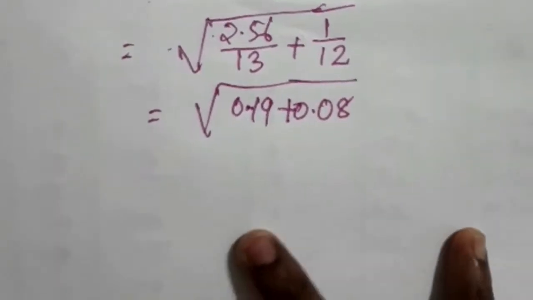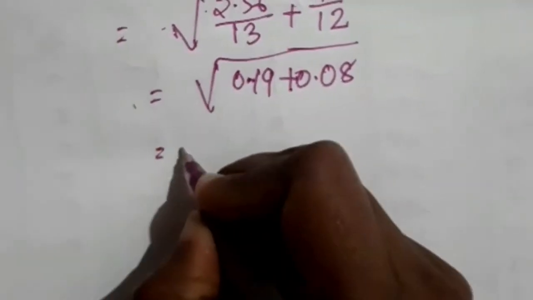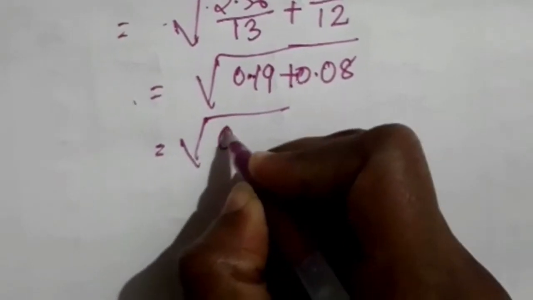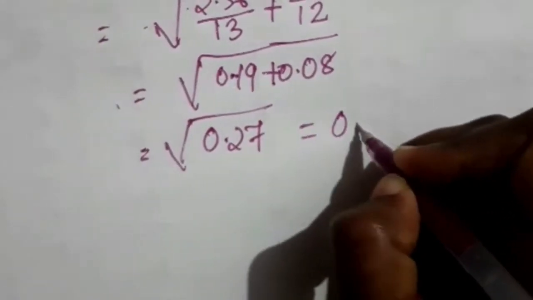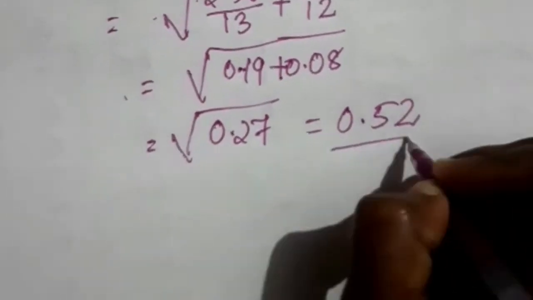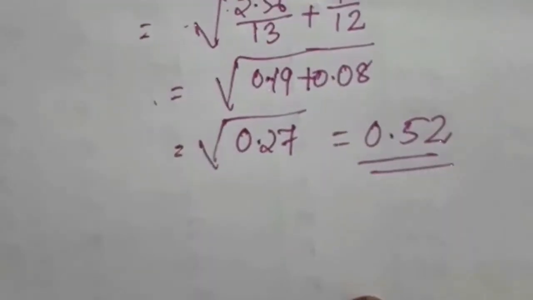So it is equal to the square root of 0.27, which is 0.52. Okay, this will be the standard error.